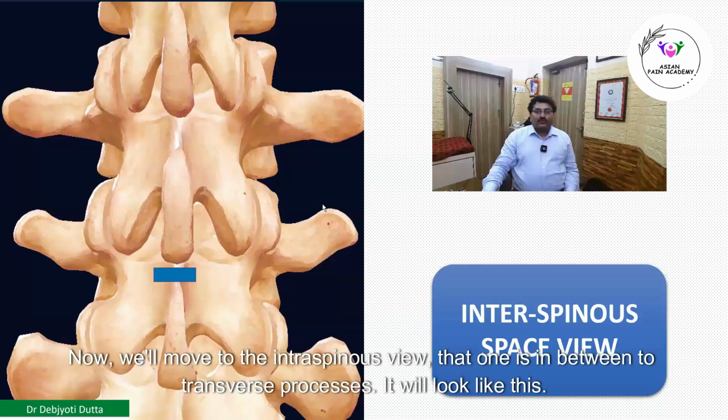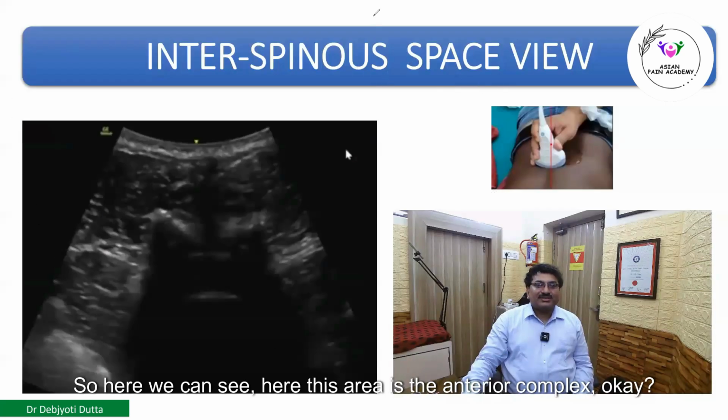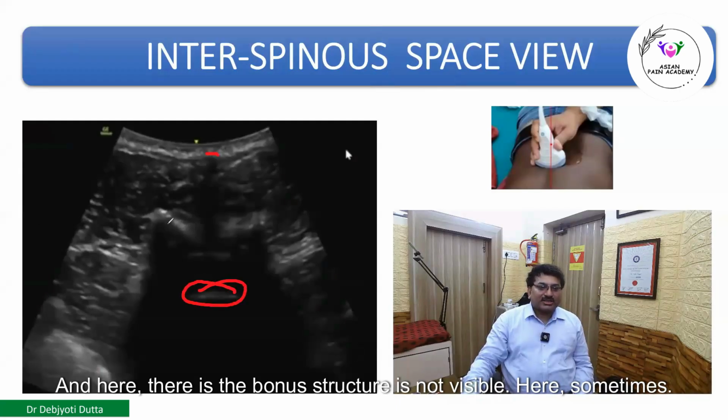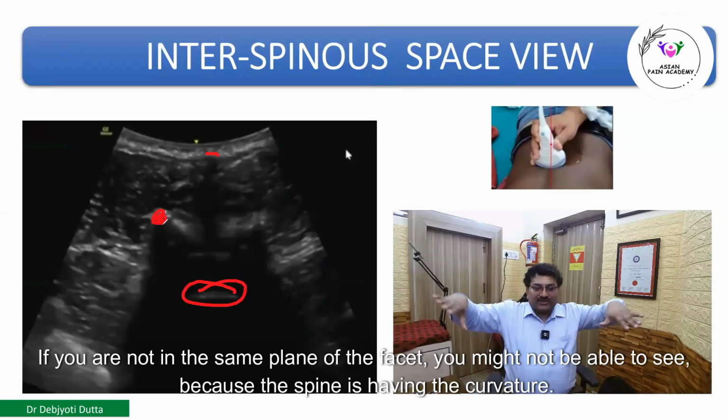Now, when we move to the interspinous view, that means in between two transverse processes, it will look like this. So here this area is the anterior complex. And here the bony structure is not visible. Sometimes if you are not in the same plane of the facet, you might not be able to see it because the spine has a curvature.